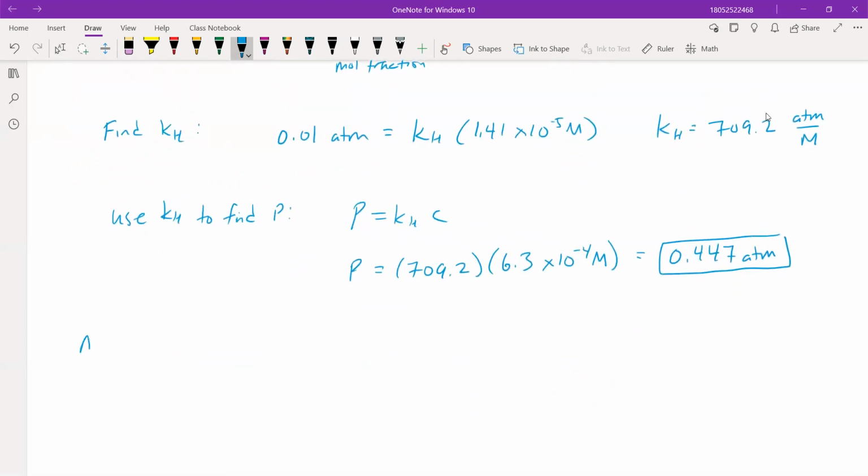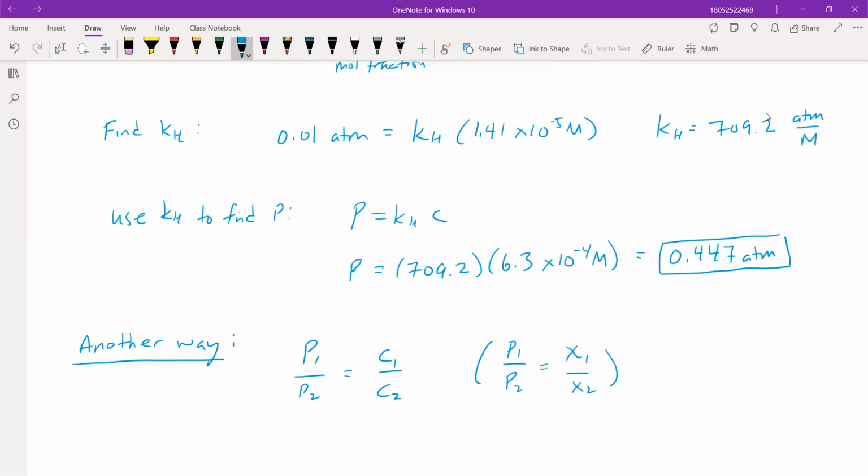Alternatively, what I tend to do in some of these problems, just from seeing a lot of them and practicing, is that because pressure and concentration are proportional, you can use a ratio like P1 over P2 equals C1 over C2. If you're using mole fraction, you could write it like this, because mole fraction is just a different concentration unit, but it's the same idea: the higher the pressure, the higher the concentration, and vice versa.